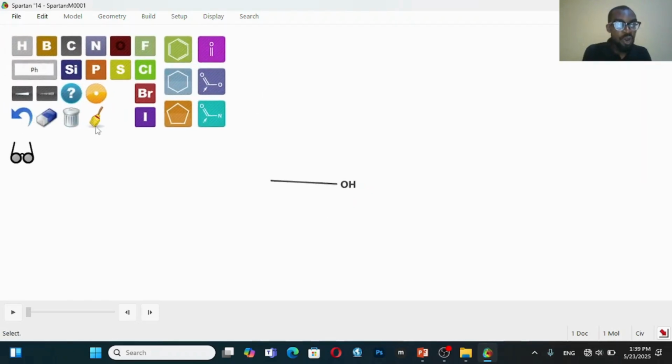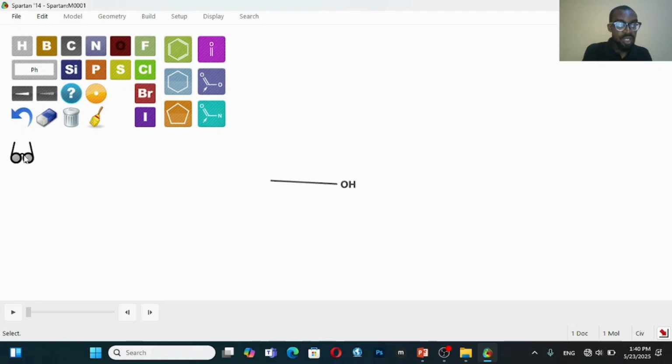Now, when you draw your compound or your molecule using the 2D feature, it's often advisable that you clean up your structure. So I'll clean this up. Once you click on this, it cleans it.